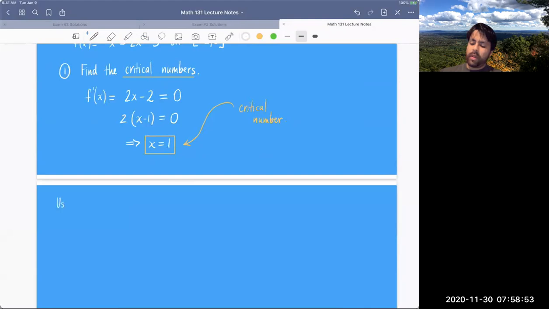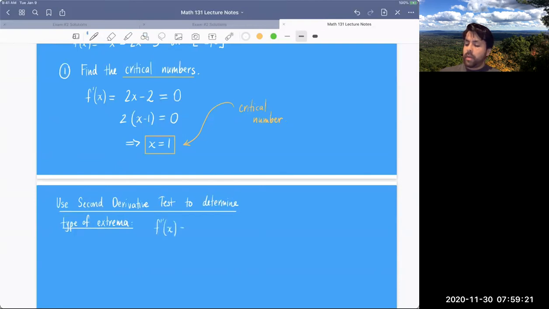So let's use the second derivative test to determine the type of extremum. So what's the second derivative? It's just going to be 2, which is very quick. If I plug in 1, I still get 2 regardless. So what does that mean? That means that this is concave up, right?